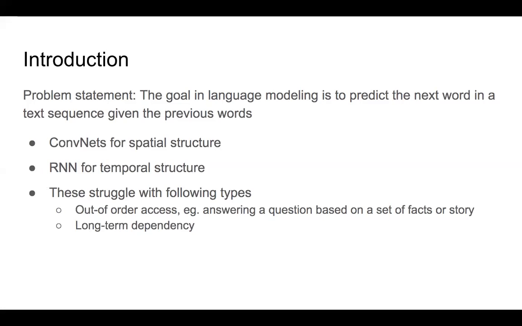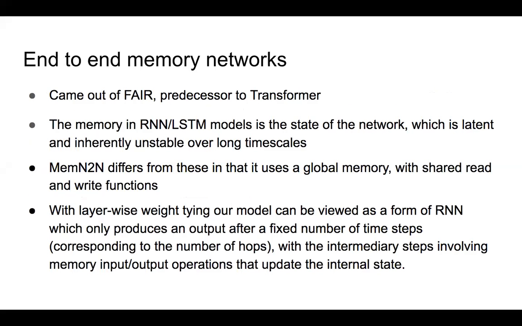And the problem is long-term dependency. So the end-to-end memory networks came out of the Facebook AI Research lab, and in this model, there is an external memory to which you read and write.